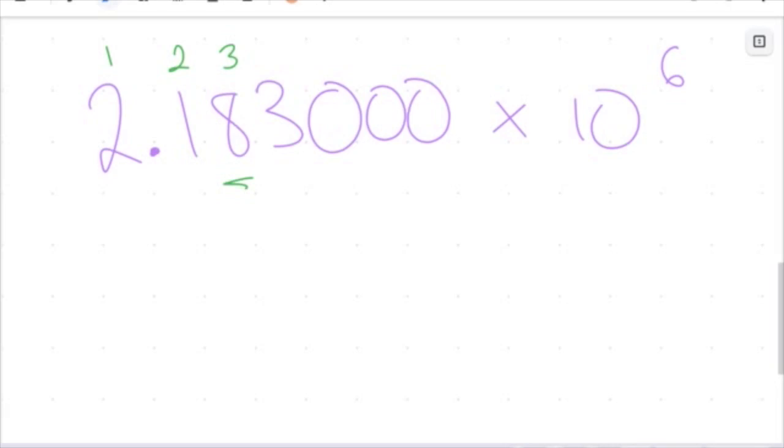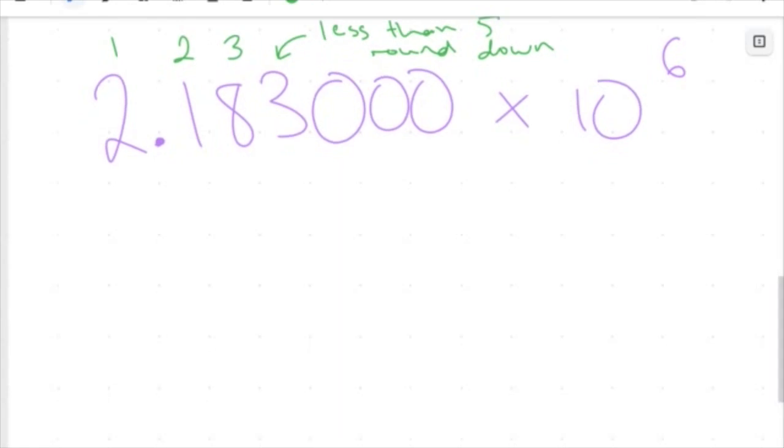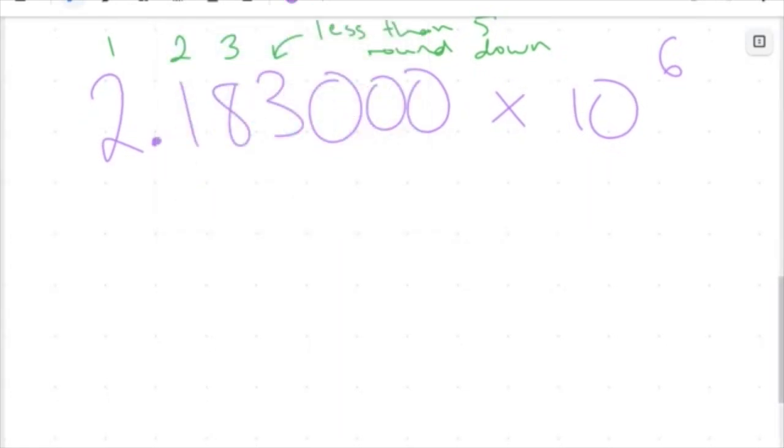But if it is less than 5, we're going to round down. So since this 3 is less than 5, we round down. So my number here to 3 significant figures is 2.18 times 10 to the power of 6. So let's try another example.